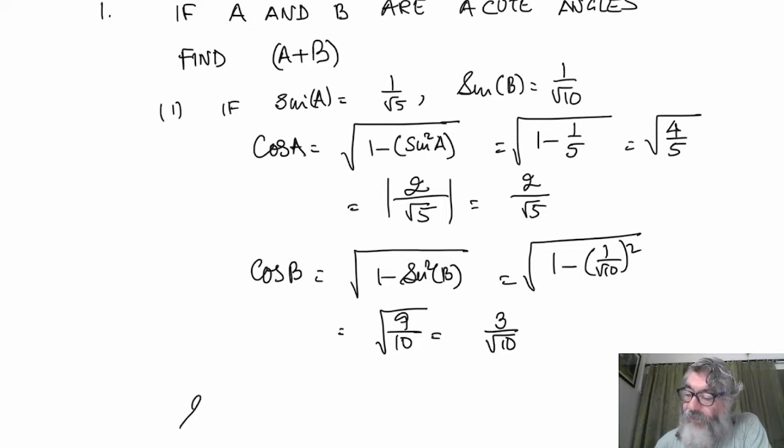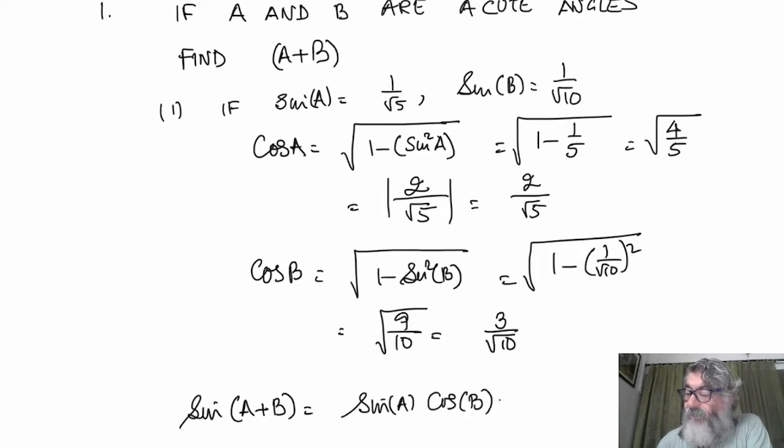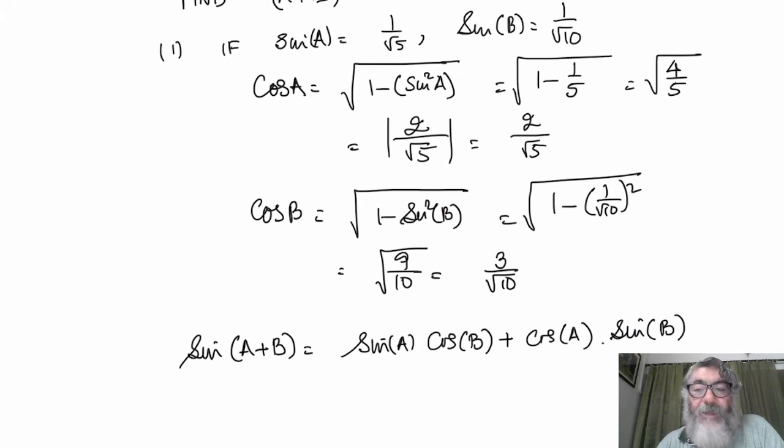So what I'll find out is sin A plus B. Sin A plus B is sin A cos B plus cos A sin B. Please understand the purpose of doing practice sums is that you apply these formulas, and the more you use them, the more comfortable you will be with them.